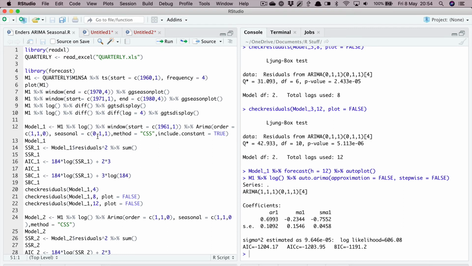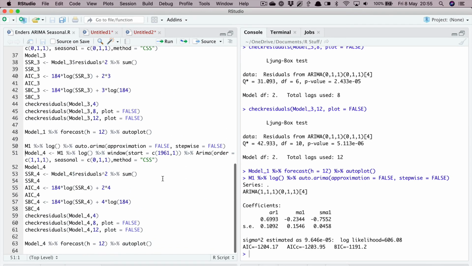It's agreed on the seasonal pattern 011, so it's agreed that we need one seasonal difference and one normal difference. It's agreed that there's a seasonal MA 011, but here it's going 111 rather than 110. So this believes that there should be an additional normal MA element there, which Enders didn't.